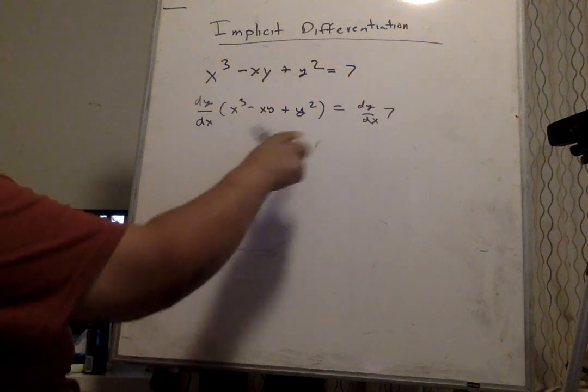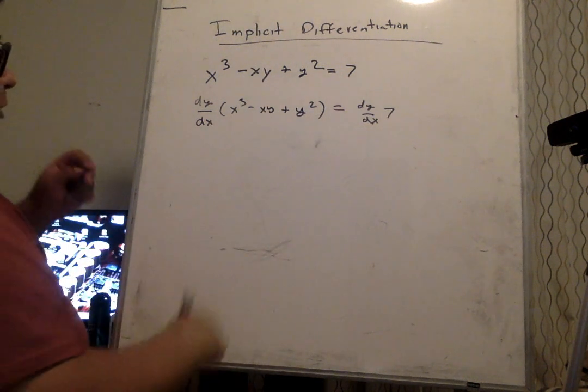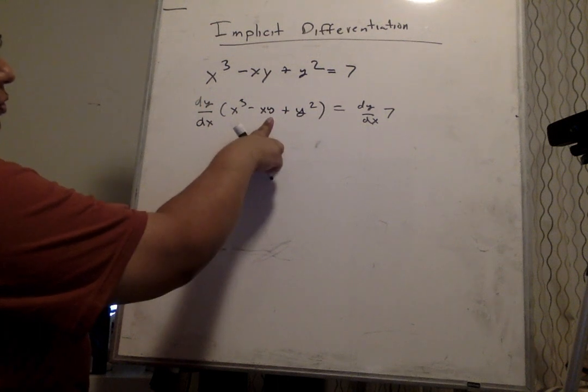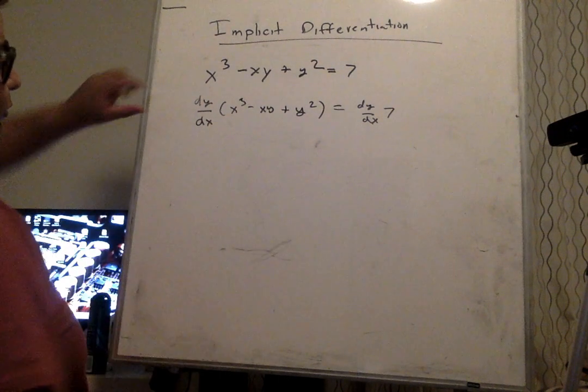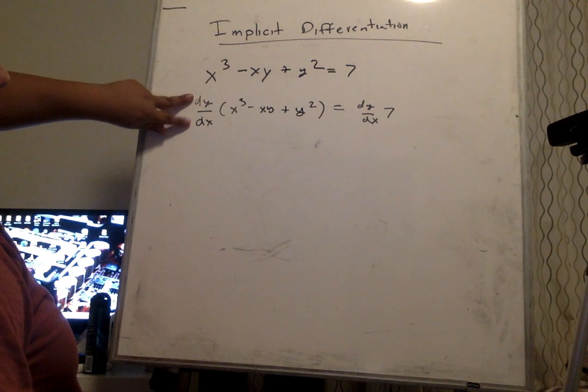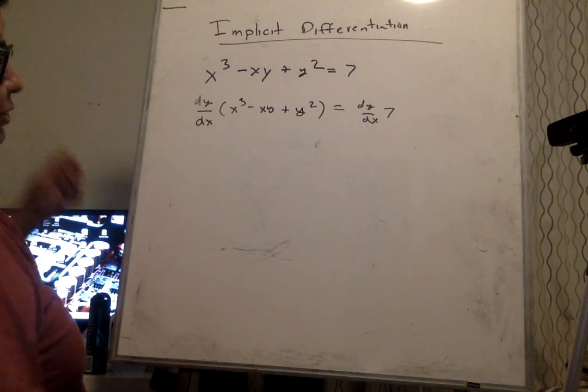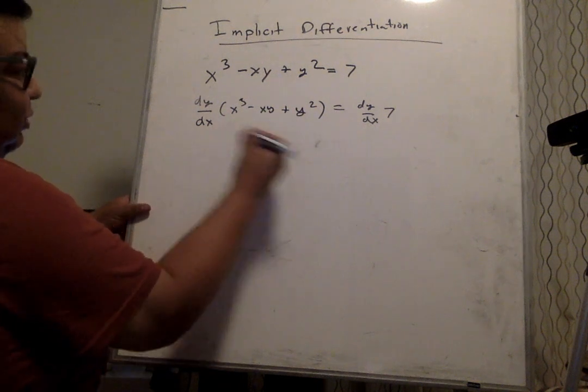So you take each term and you take its derivative, but notice this has x and y together, and this one has y by itself, and we're taking the derivative dy/dx in terms of x, so it's gonna look a little different.